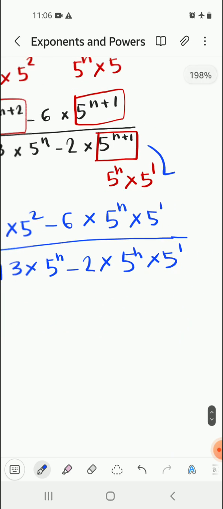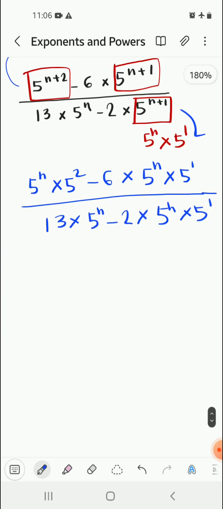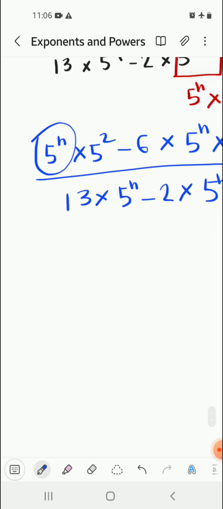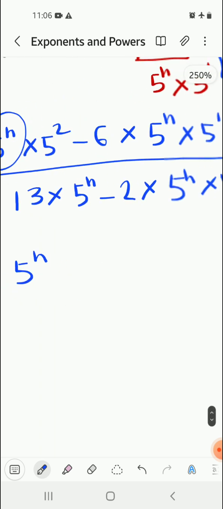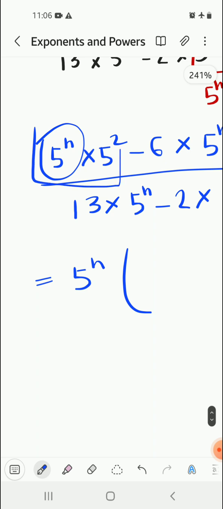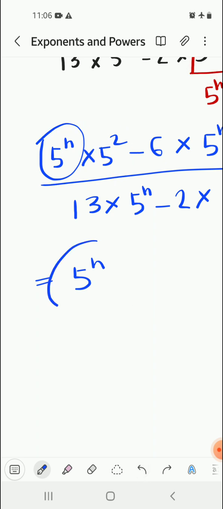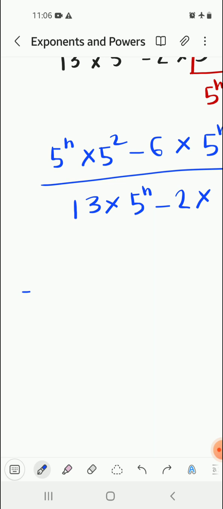Once that is done, we will find the common factor from each of this number. Over here, if we take 5 to the power n common, then what are we left with? In this expression, we are left with this 5 square because 5 to the power n is already written over here. So we will write 5 to the power n, we will take this as common. So we are left with 5 square here.